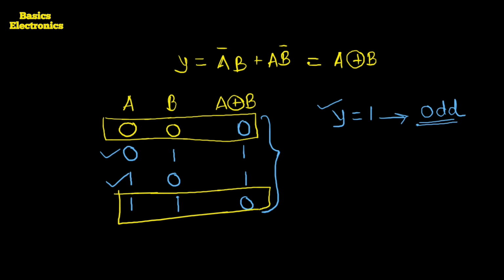We can apply this definition also for the 2-input XOR gate. In this 2-input XOR gate, the output Y equals 1, Y is high, when an odd number of logically high inputs are applied. From these 2 inputs, only one input is high.